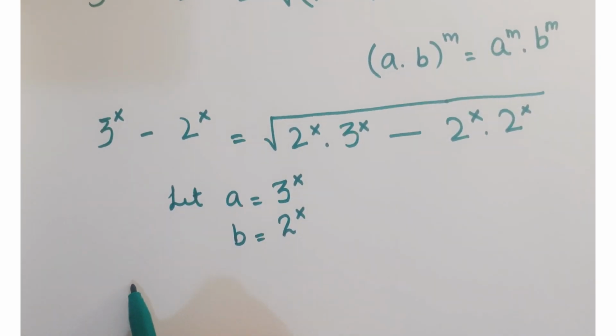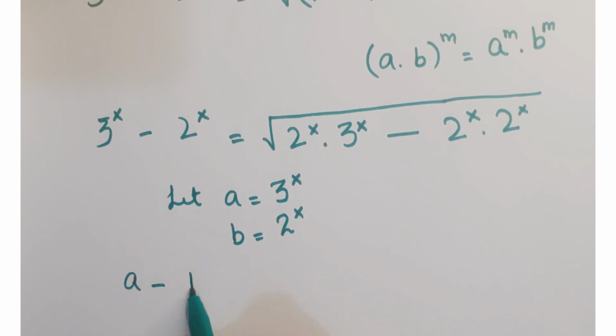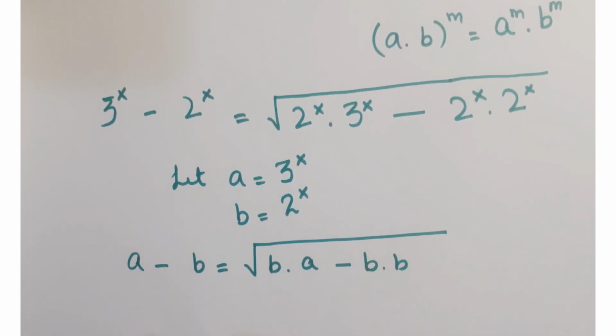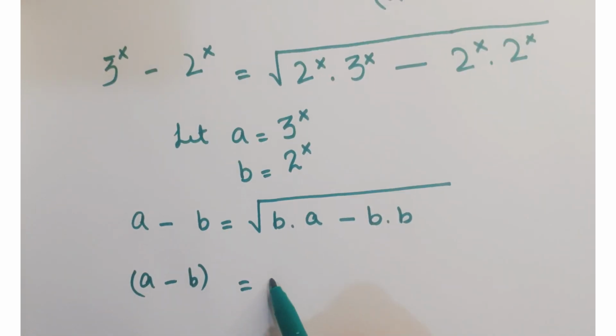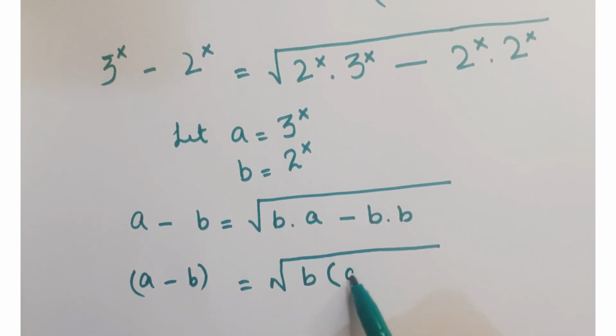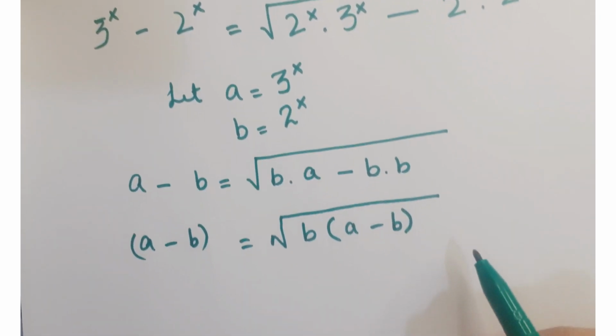Substituting these assumptions in our equation, we have a minus b is equal to square root of b into a minus b into b. Further, you can write this a minus b is equal to square root of, taking out b common here, b into (a minus b) inside the bracket.